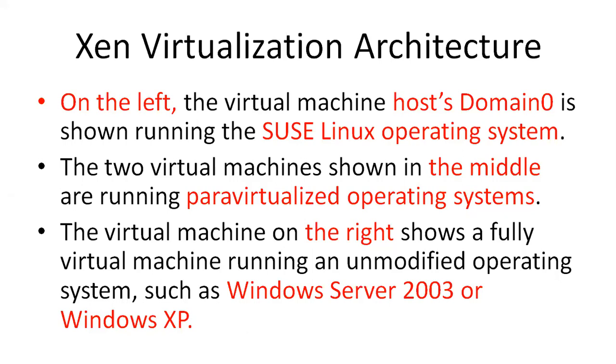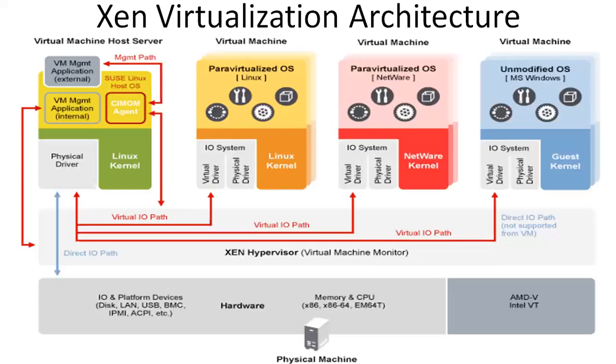In this case, the two virtual machines shown in the middle are running the para virtualized operating system. In the middle, one is a Linux based virtual machine and the other a NetWare based virtual machine.